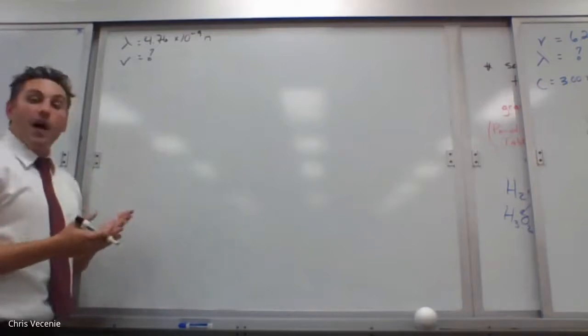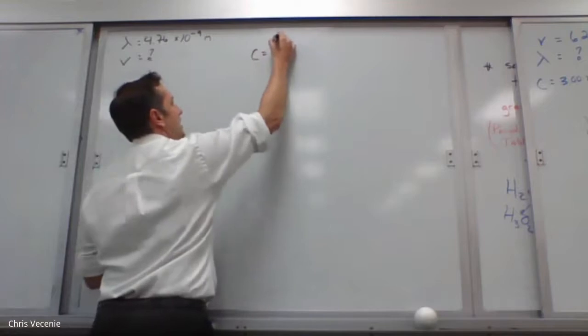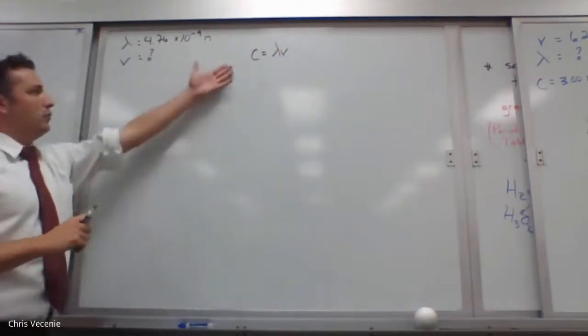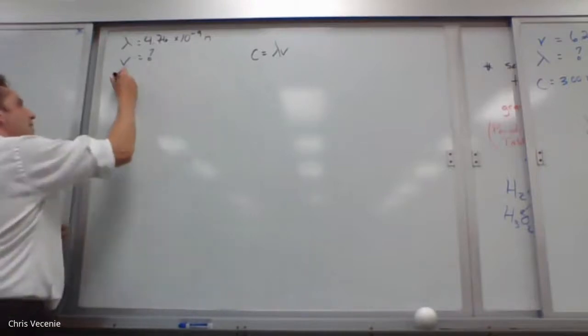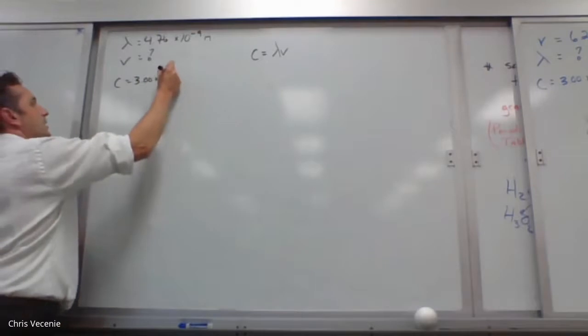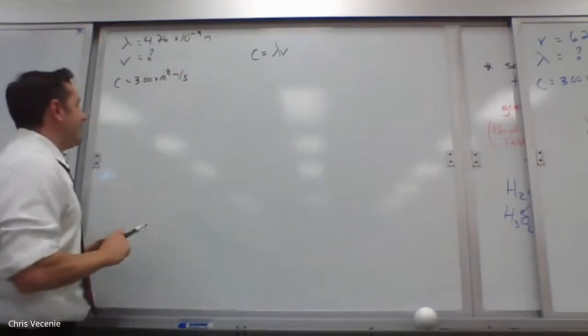Then again, we find the equation that has lambda and V. That equation is C equals lambda V. Then a new letter showed up that we didn't list. No big deal. C never changes. It's the speed of light, 3.00 times 10 to the 8th meters per second.